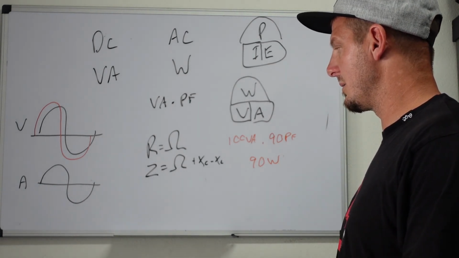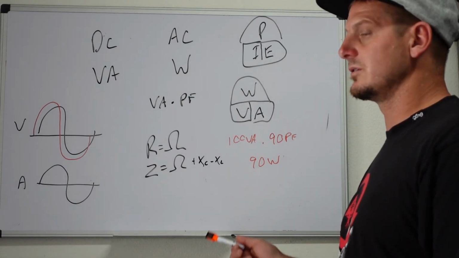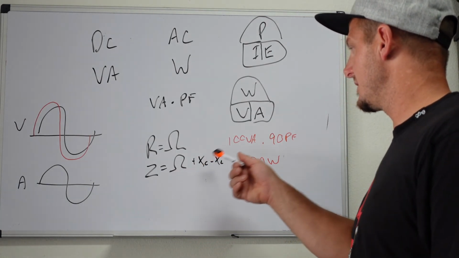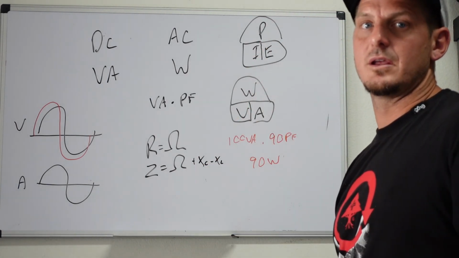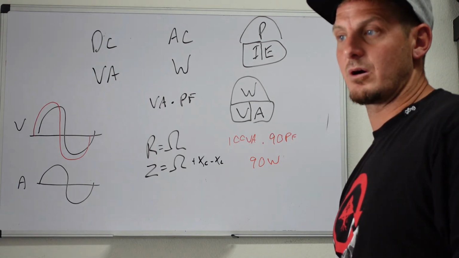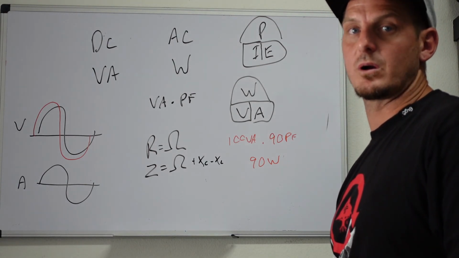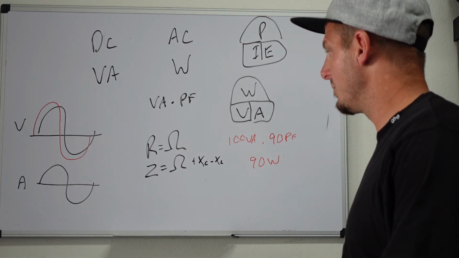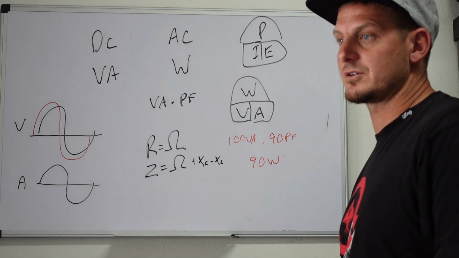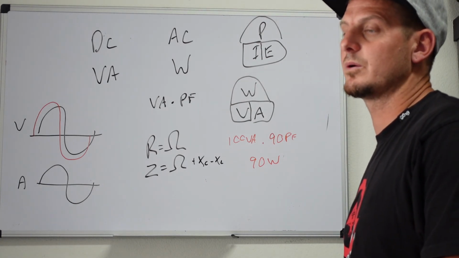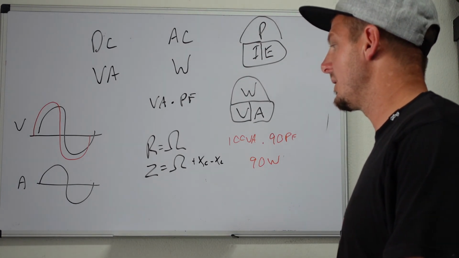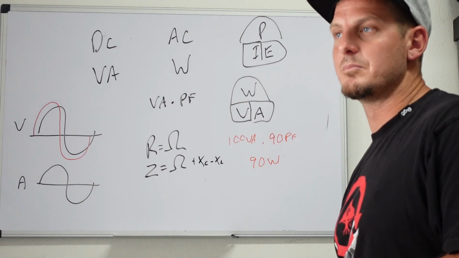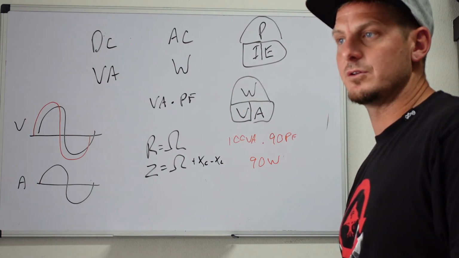So it's important to remember when you see Z, it is including capacitance and inductance, which creates your power factor, and a low power factor is a low quality of power, as well as harmonics and some other things. But when you have a low power factor, you will lose more power, and there can be, I don't want to say fines, but penalties from the utility for that.